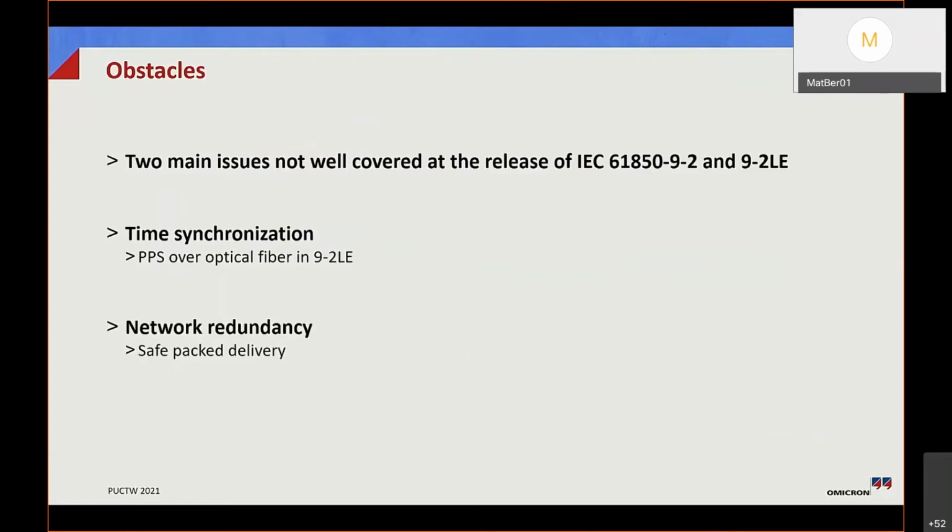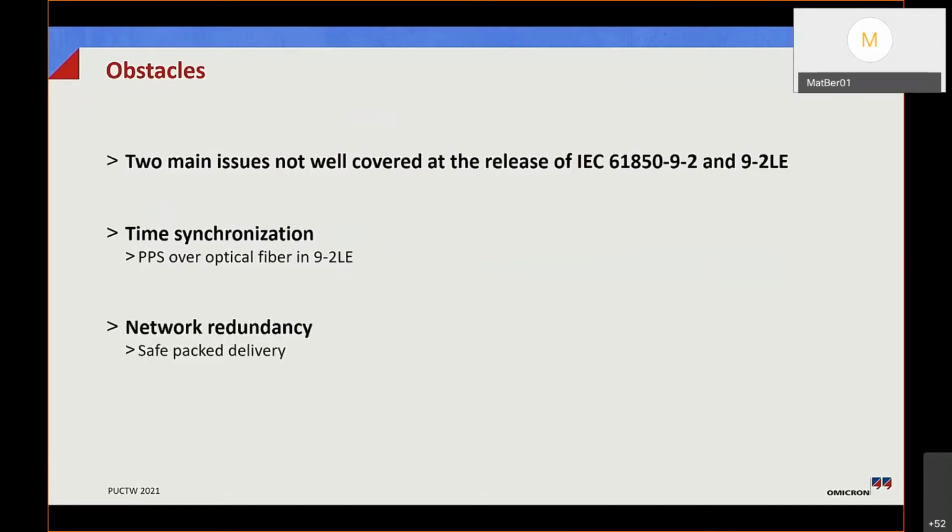Now to the obstacles that were present around 2010, when we already had 9.2 LE in place, when we had these prototypes showing that this works well, and we were still seeing no significant progress in the industry with the adoption of the sampled values.